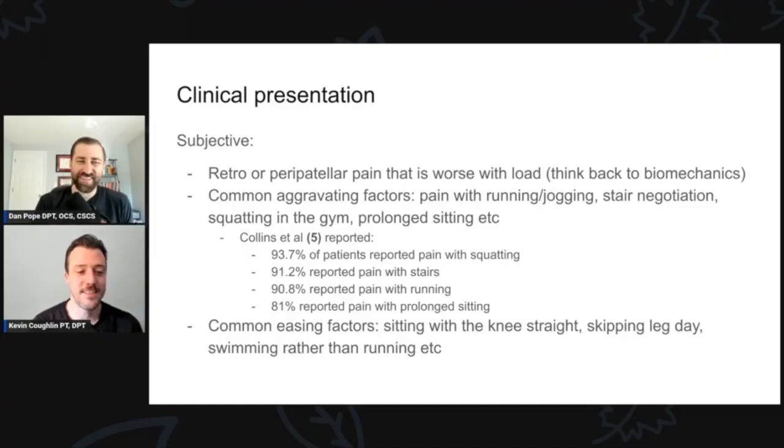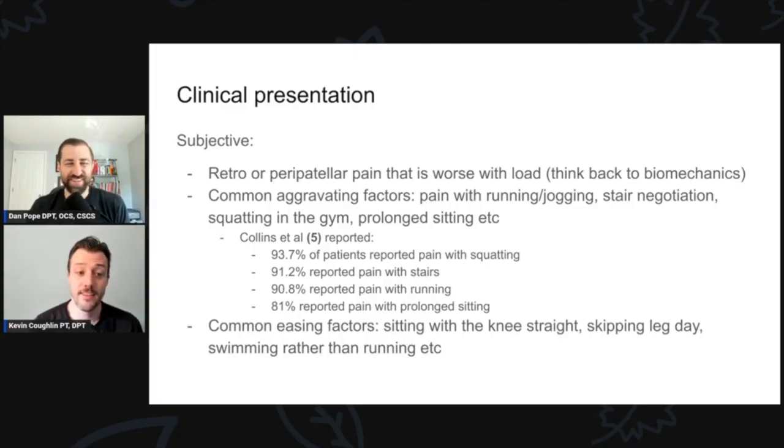So hopefully, ruling out those other things, and then thinking about the diagnoses of exclusion, thinking about the location of pain and what activities are bothering them that are loading the patellofemoral joint, then I think you can be pretty confident in that diagnosis. That's one of the most fun parts of being a PT, I'd say. Working through that stuff's a lot of fun, you know.